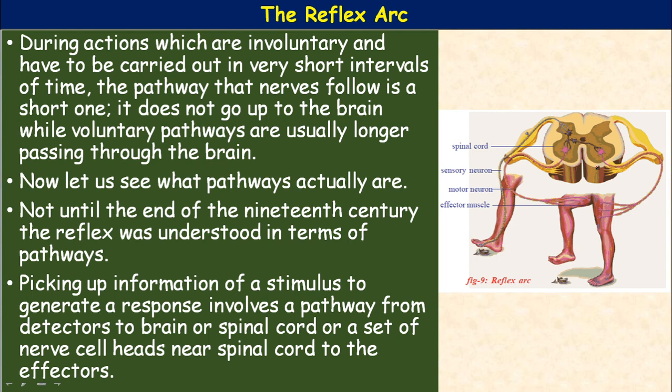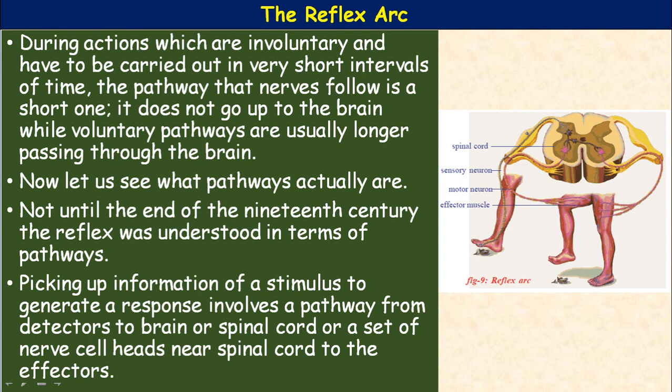Information is always carried from the detector to the brain. In between the effector and the brain, there is the spinal cord. The spinal cord acts like a bridge between the brain and the effectors. So here, the spinal cord plays a very important role.